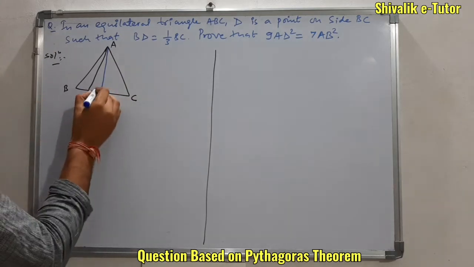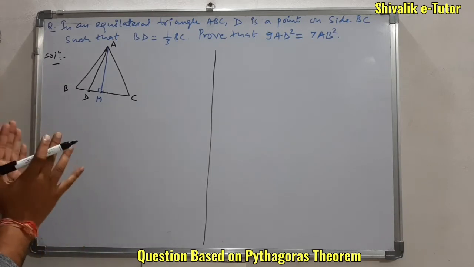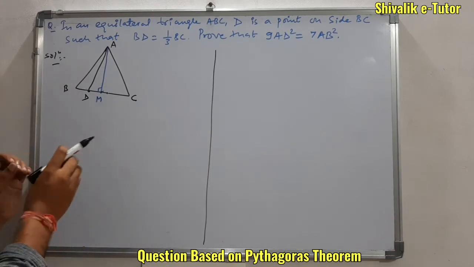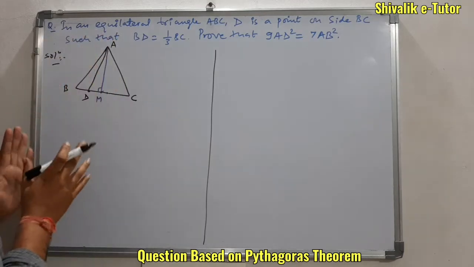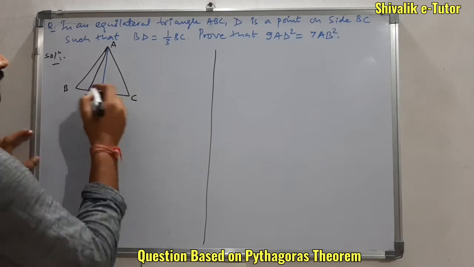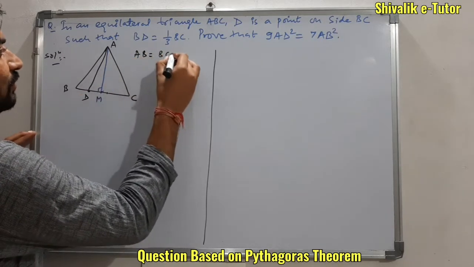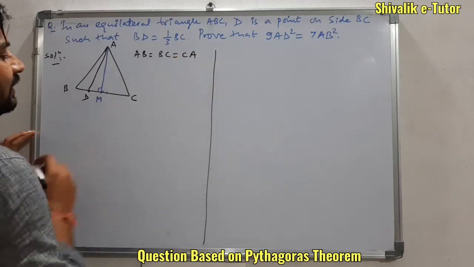Here this perpendicular is the midpoint of BC. As you know that the altitude divides the base. Altitude from vertex on base BC will be the midpoint in an equilateral triangle. So we can write here, first thing is this is an equilateral triangle, so AB is equal to BC is equal to CA.